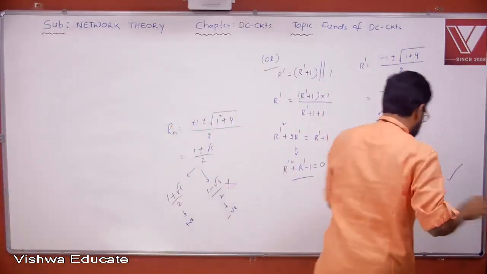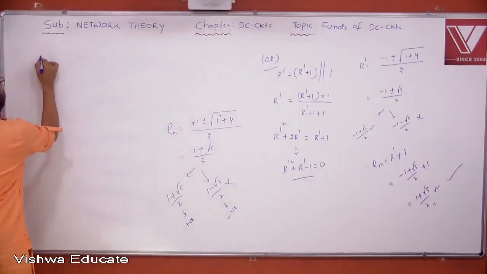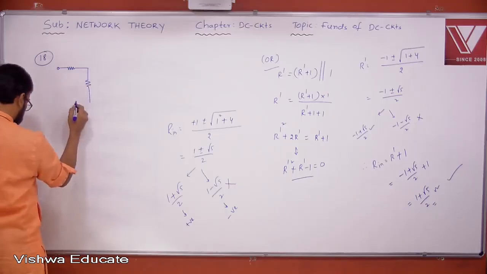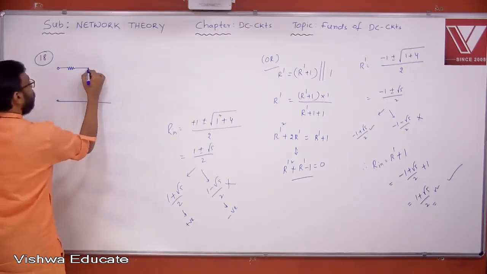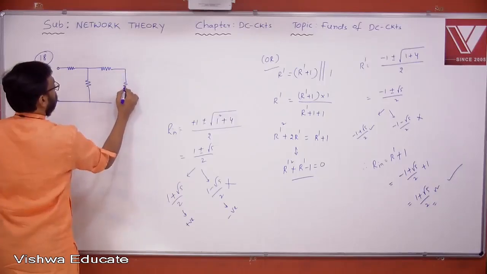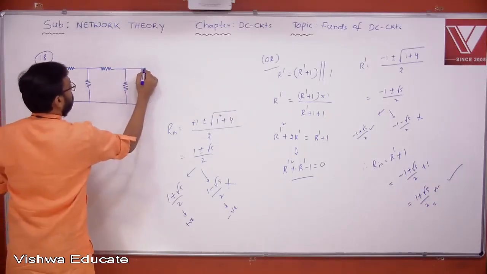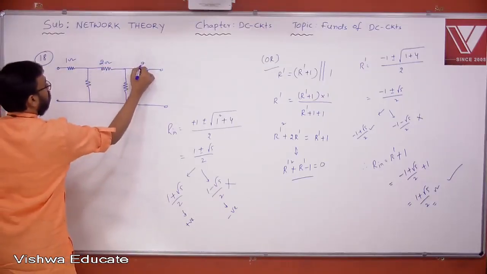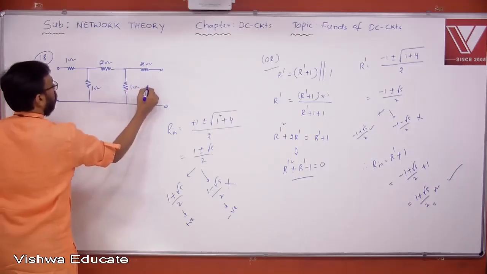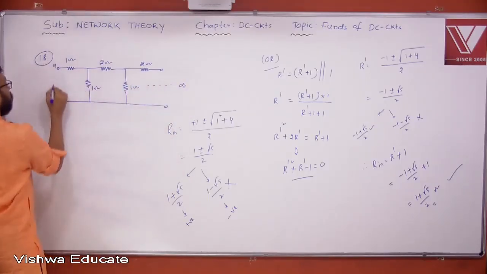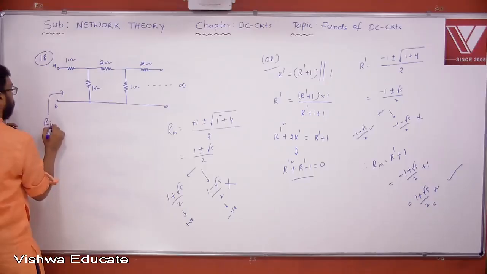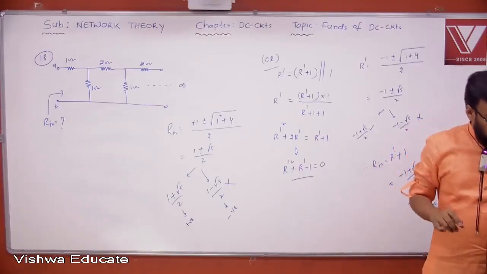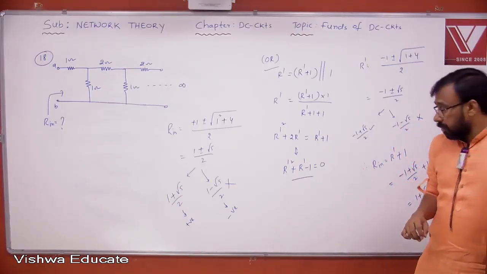So what is the 18th problem here? 1 ohm, 2 ohm, 2 ohm, 1 ohm, 1 ohm, and so on, to infinity. Find input resistance Rn. A similar kind of problem, but with different numerical values here.